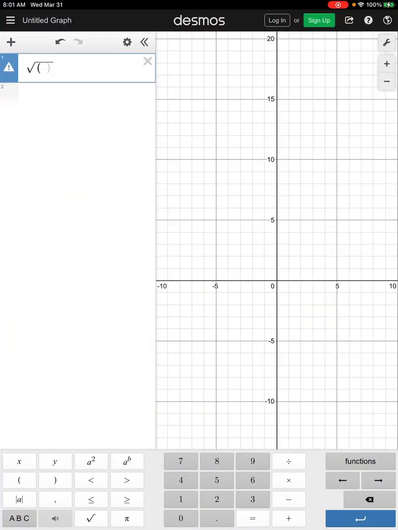Now I know negative 5 minus 0 is negative 5, but I'm going to again type it in. Now I have 7.07 and so on.